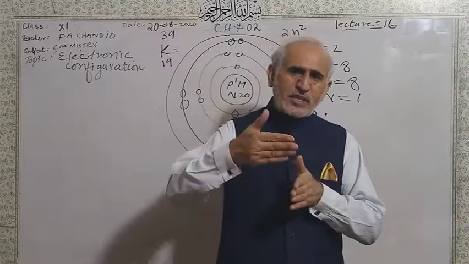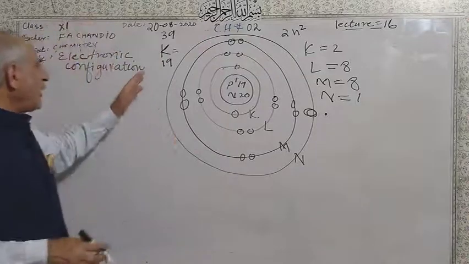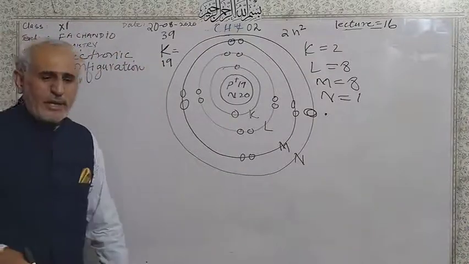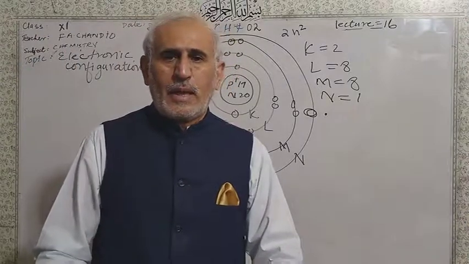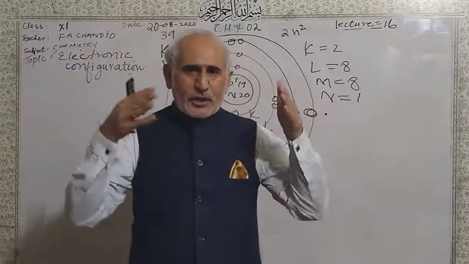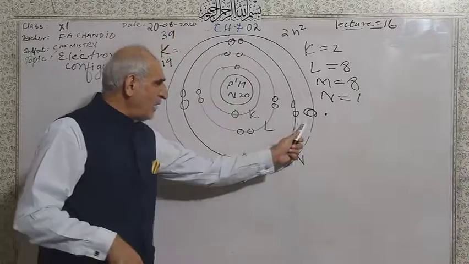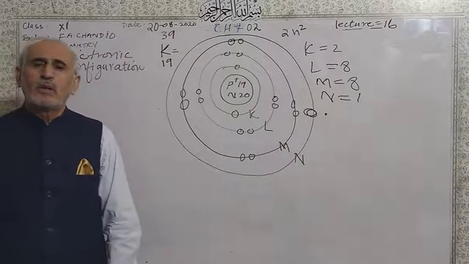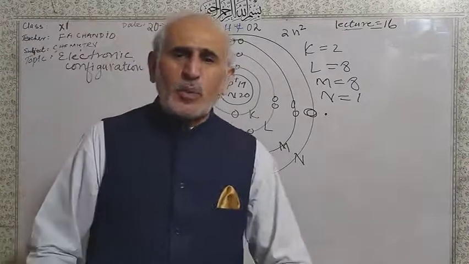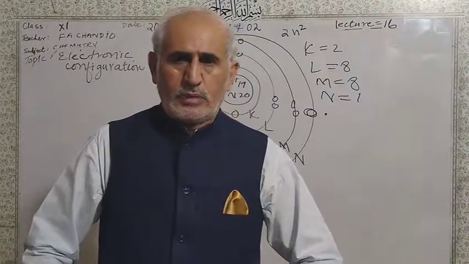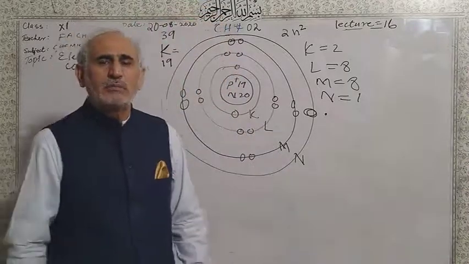In the periodic table, potassium is present in group 1A, alkali metal. Group 1A represents that in the valence shell there must be 1 electron. If I put 9, then it should be present in group number 9, with 9 electrons in its valence shell.